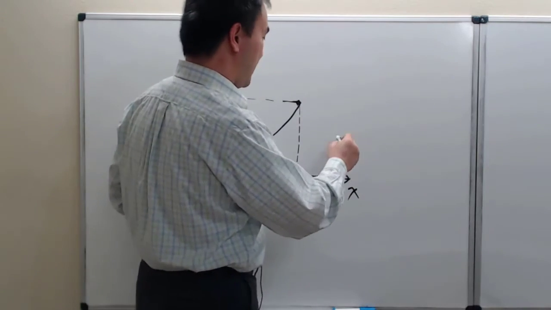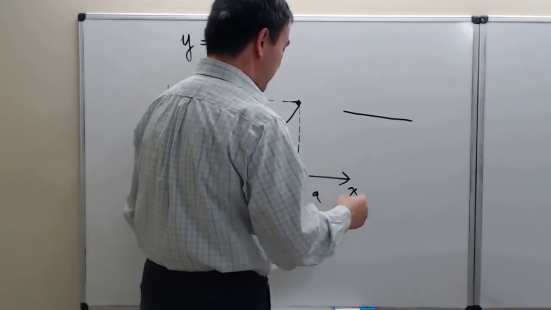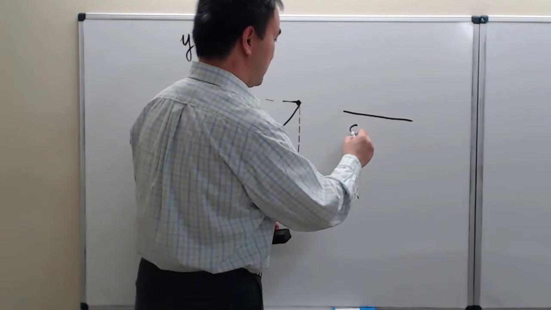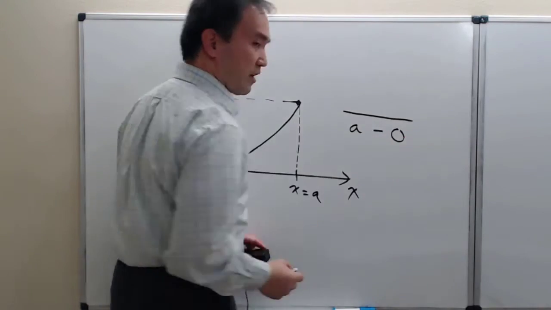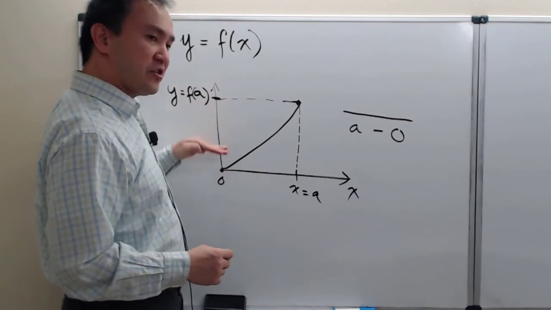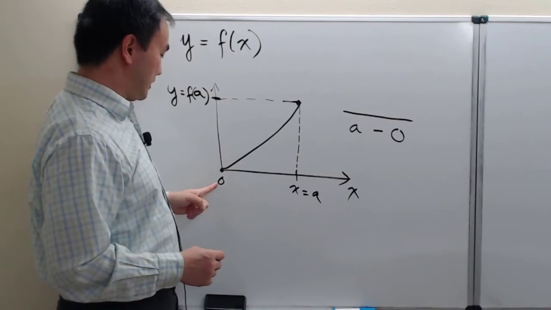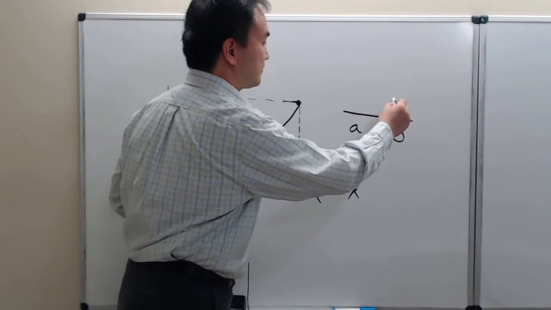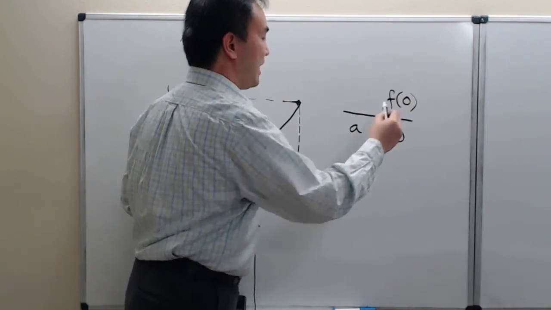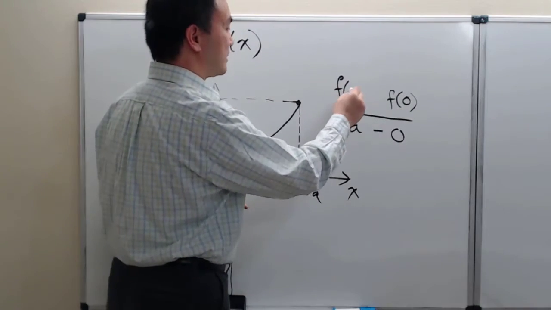So the final time here, what I see on my graph, is a, but my initial time is 0. And think about how much change in distance I have made right here. By the time I was at home, I'm at f of 0. And by the time that I get to the bus stop, I was at some distance, f of a.